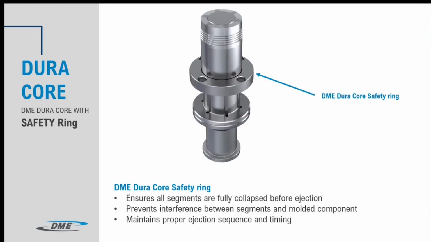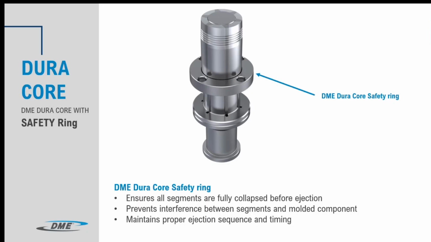Next slide, please. The DuraCore safety ring is there to ensure that the core completely collapses with the plate movement. It prevents interference between the segments in the molded component, and it maintains proper ejection sequence and timing.